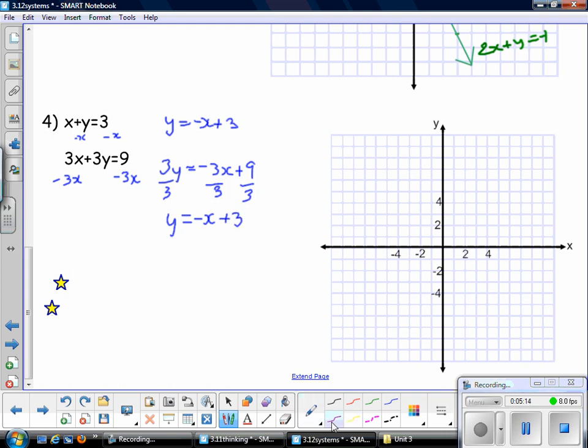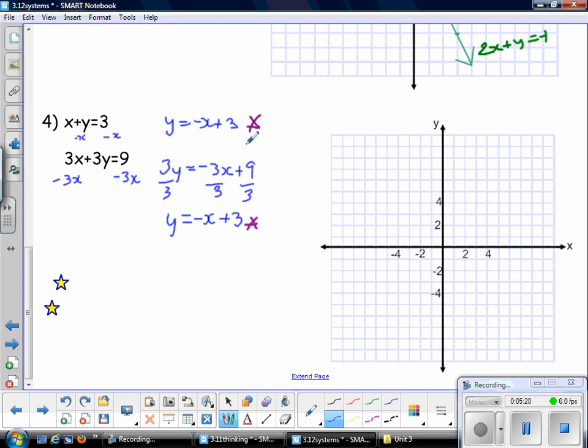Now you should definitely see something between this equation and this one. Guess what? They're the same. They're exactly the same. But if you notice what we started with, they look so different.